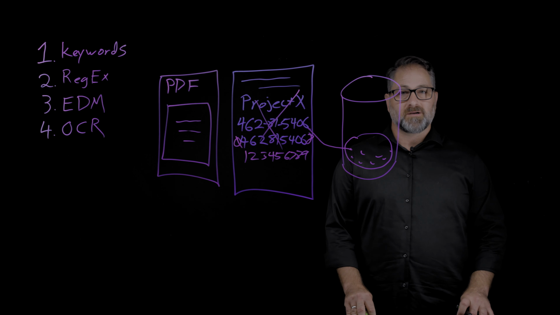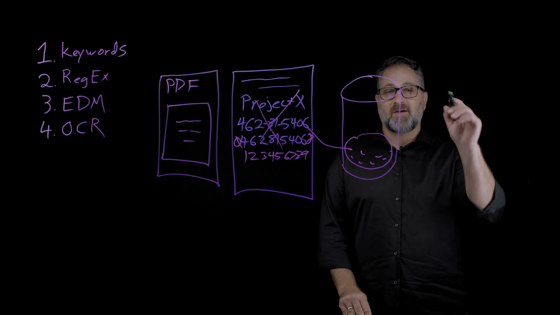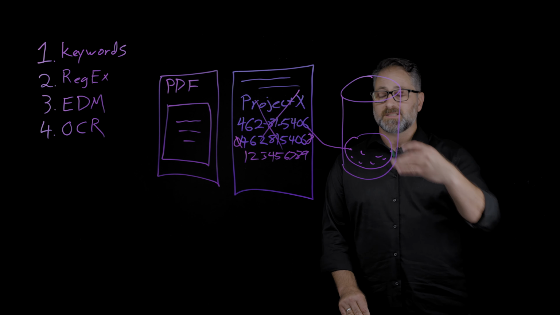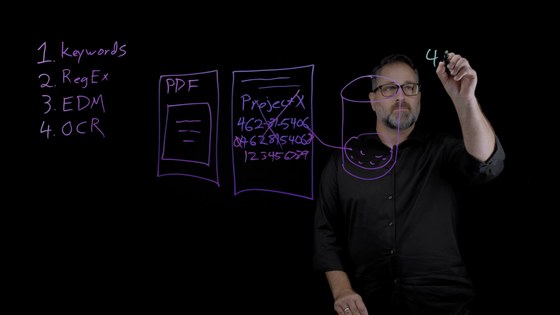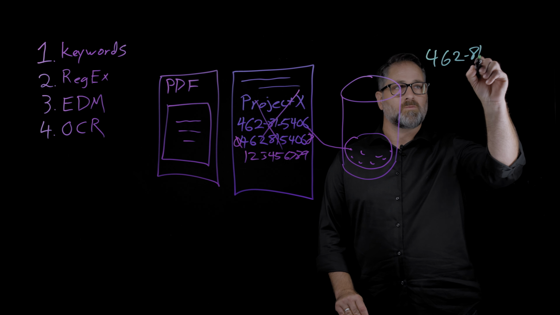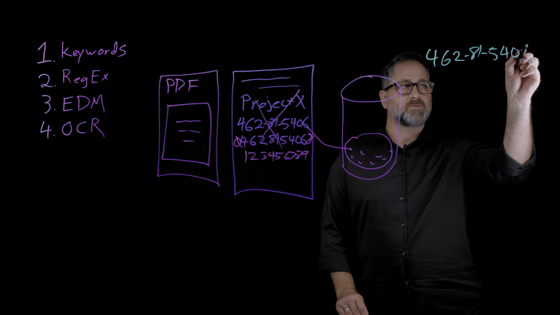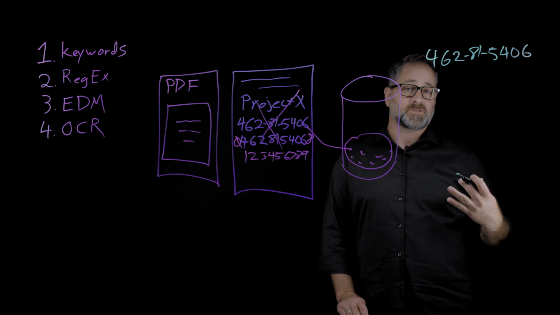So the last problem here is obfuscation, right? If I have a regular expression or exact data match or anything that's going to identify that accurately, if I have this number here, 462-81-5406, this absolutely looks like a social security number.